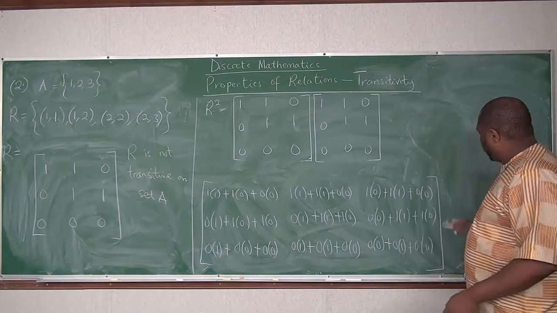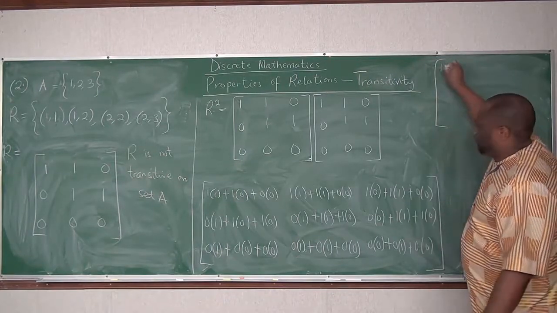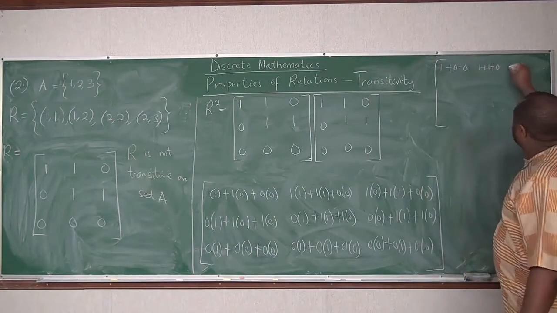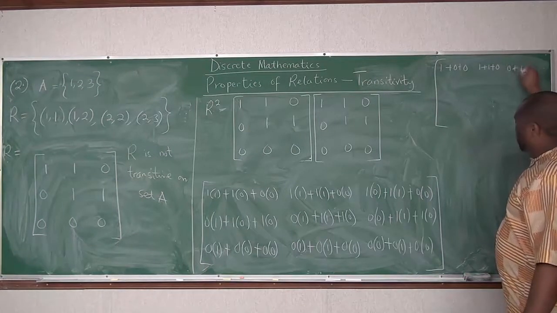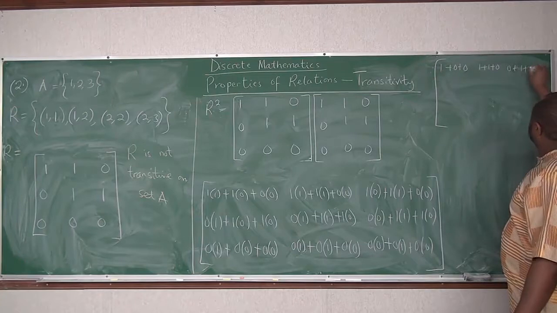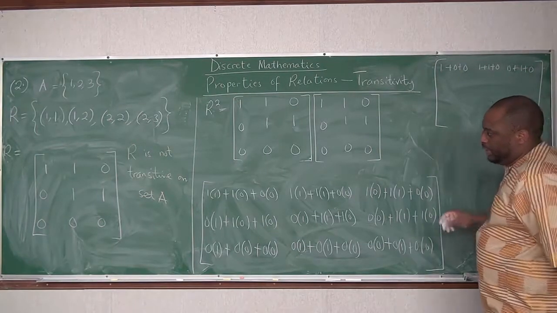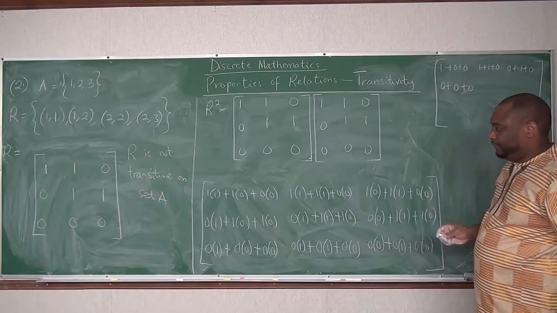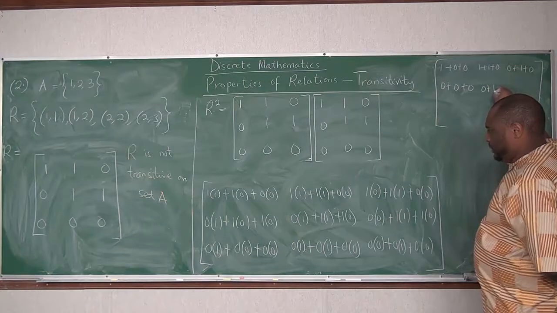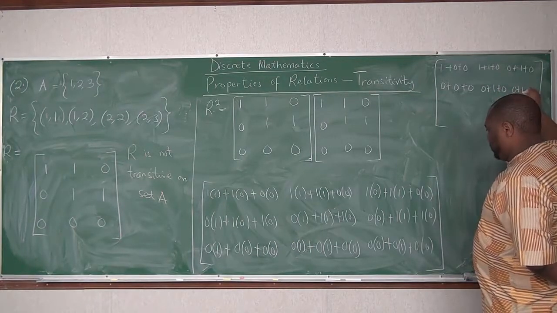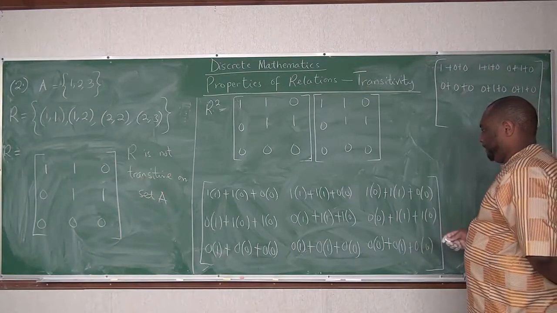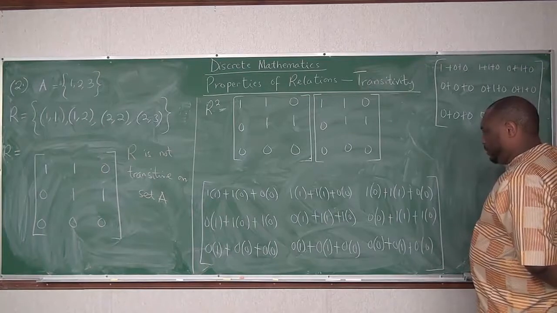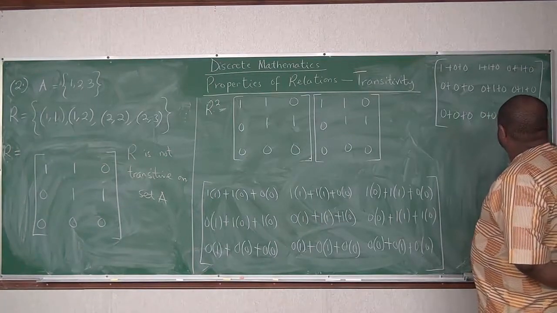This is 1 plus 0 plus 0, 1 plus 1 plus 0, 0 plus 1 plus 0, then 0 plus 0 plus 0, 0 plus 1 plus 0, 0 plus 1 plus 0, then 0 plus 0 plus 0, 0 plus 0 plus 0, 0 plus 0 plus 0.